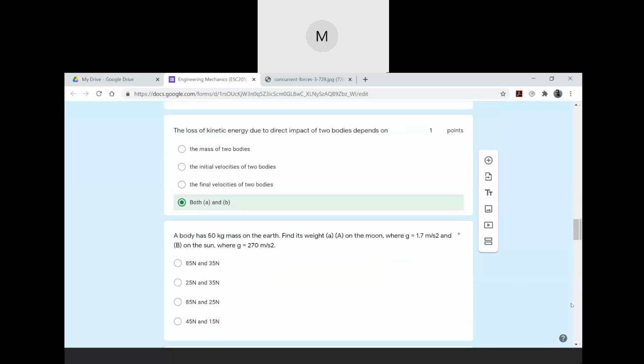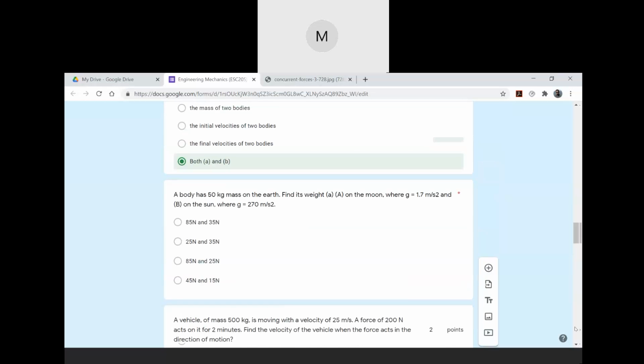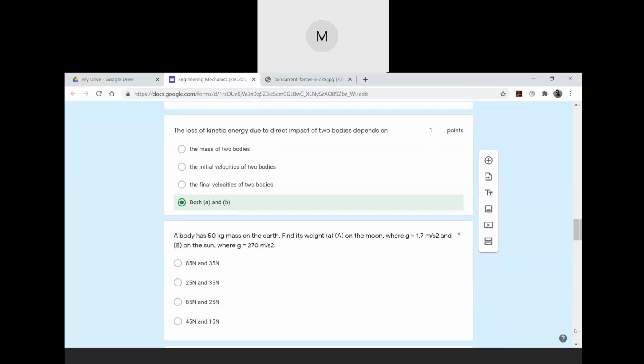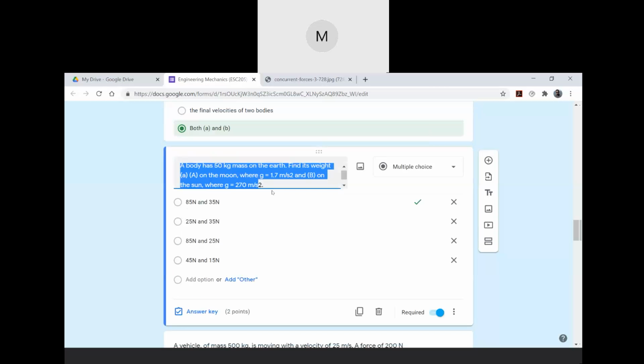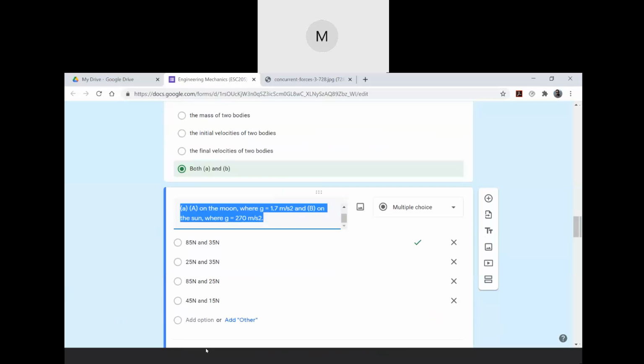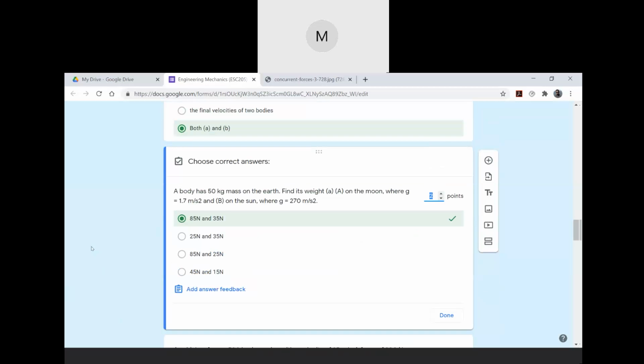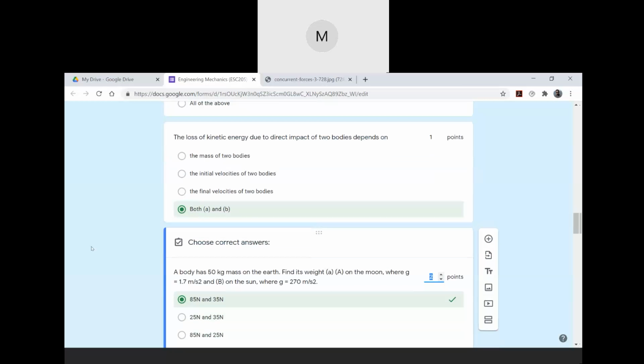The loss of kinetic energy due to direct impact of two bodies depends upon both A and B: the masses of both bodies and the initial velocities.